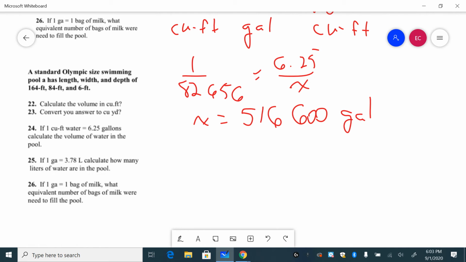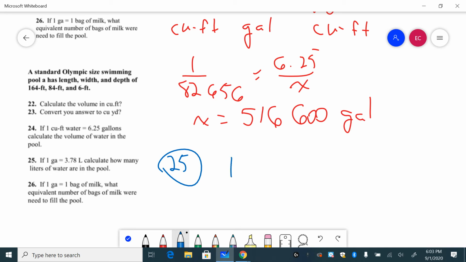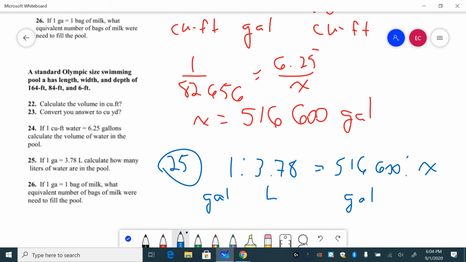It says 1 gallon is 3.78 liters. How many liters of water in the pool? This is exactly the same way, except working with liters. So 25, I'm going to set it up the same way. 1 colon 3.78. This is gallons now, this is liters. I have an answer for gallons right above, and I'm looking for liters. So again, set it up. Make your fractions.